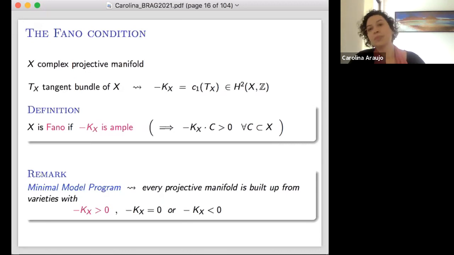Let me point out that for the minimal model program we cannot avoid singularities. When I say that every projective manifold is built up from these three classes, we have to allow for some singularity. So often people study Fano manifolds allowing for certain singularities, but in this talk, singularities are not going to play any role, and we are going to be interested in Fano manifolds.